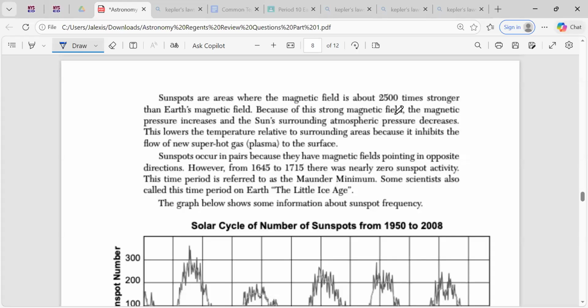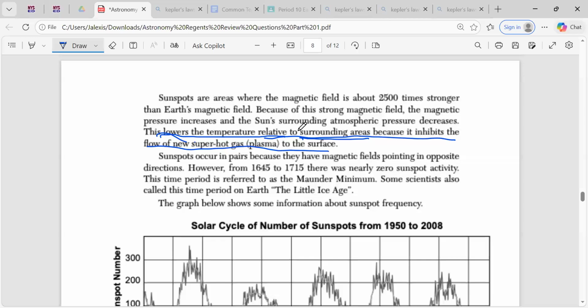It says because of the strong magnetic field, the magnetic pressure increases and the surrounding atmosphere pressure decreases. This lowers the temperature relative to the surrounding areas, because it inhibits the flow of new superhot gas to the surface. Okay, so this is a sentence to keep in mind that I may have to come back to.